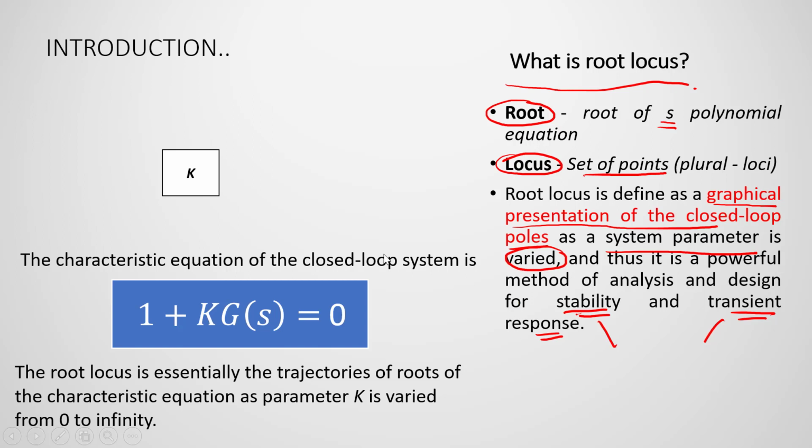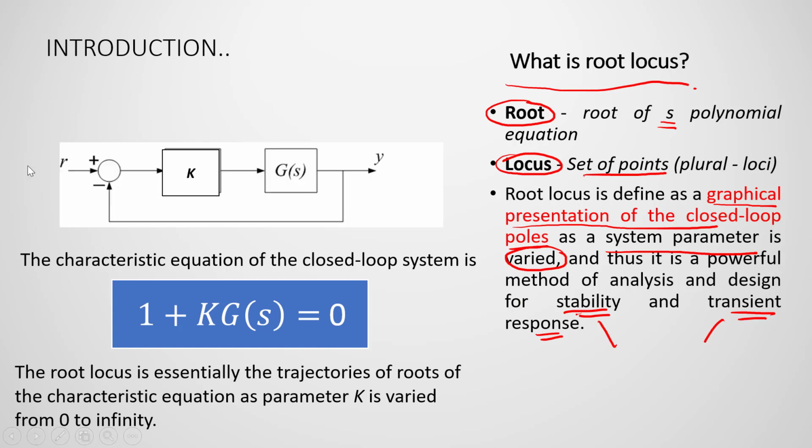Let's go further. Given this closed loop system, with the gain K and G(s) as the open loop system, the characteristic equation of this closed loop system is 1 plus KG(s) equals 0.